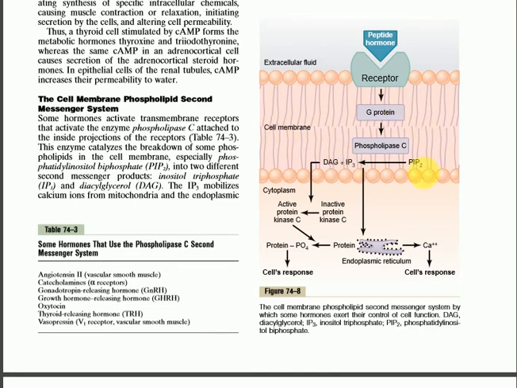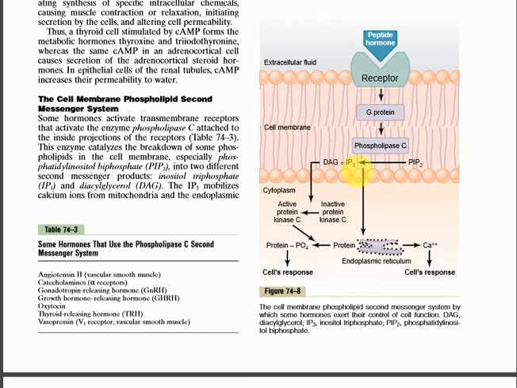The phospholipid PIP2 is known as phosphatidylinositol bisphosphate. It is broken down into two second messenger products, IP3 and DAG. IP3 is the inositol triphosphate, while DAG is the diacylglycerol.